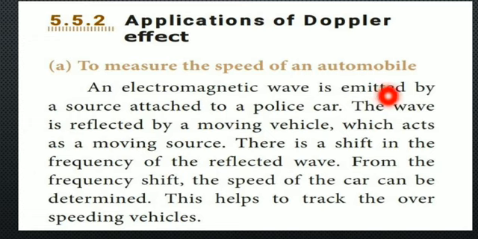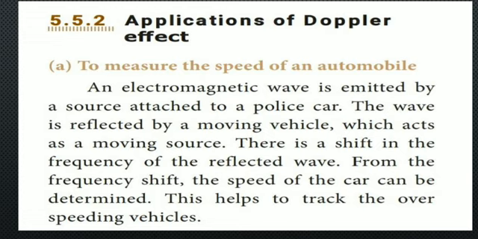The wave is reflected by a moving vehicle, which acts as a moving source. There is a shift in the frequency of the reflected wave. So from the frequency shift, the speed of the car can be determined. This helps to track overspeeding vehicles.